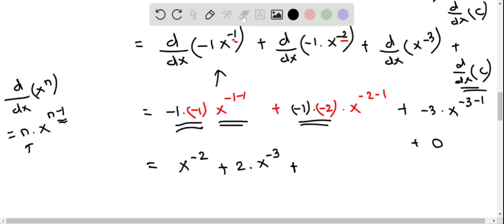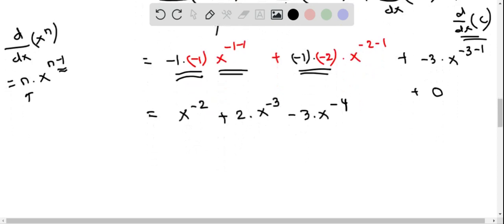Plus we have a negative 3, so let me put minus 3 times x raised to the power of minus 4. Now let's write down in terms of positive powers of x, which can be written as 1 by x squared plus 2 by x cube minus 3 by x power 4.